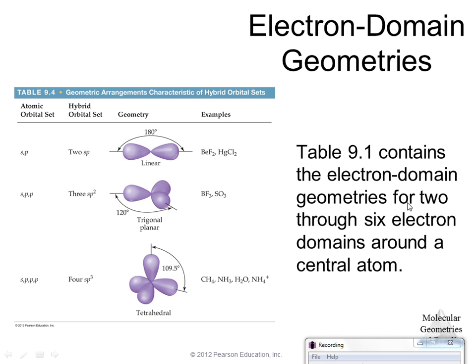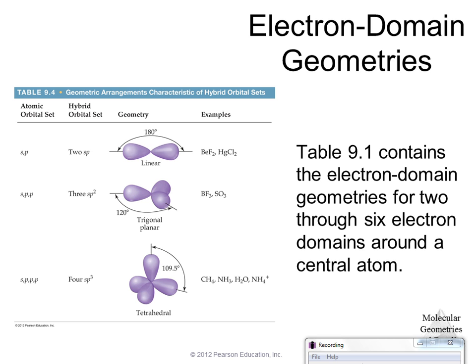This figure, Table 1 in your book, is absolutely critical. If I were going to take notes on something, Table 1, this is really good. It talks about electron domains, and it talks about how it works around the central atoms. So if you look at the geometry here of linear molecules, it's 180 degrees between the two of them.